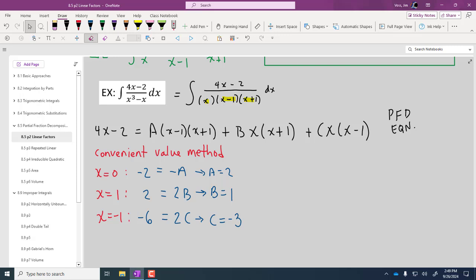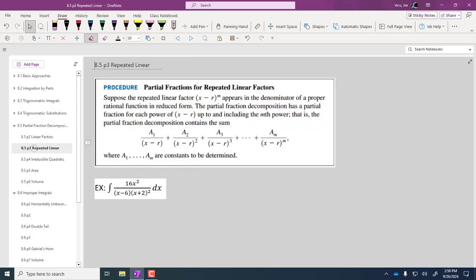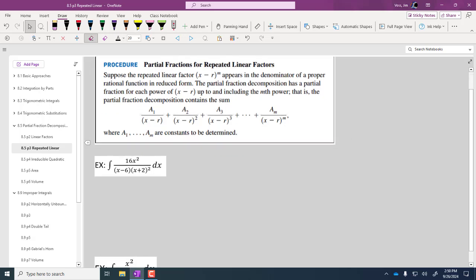Okay, let's go to repeated linears. So for example, something like x plus 2 squared. So up here, the gnarly looking box is saying that you need a partial fraction for every power of the repeated factor.